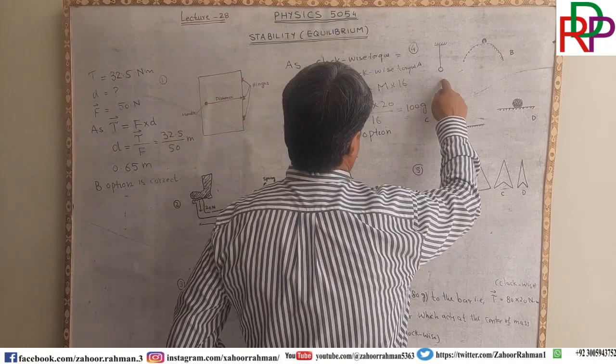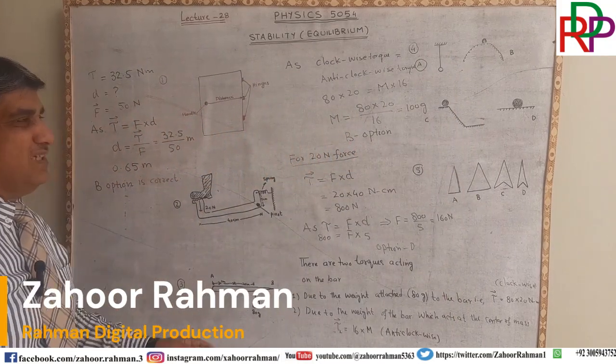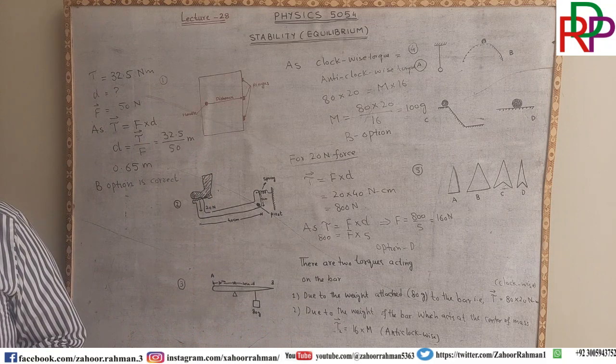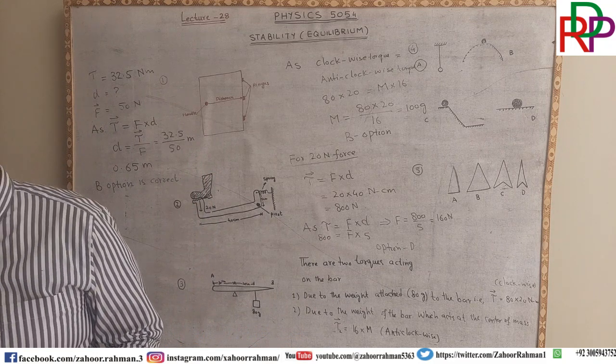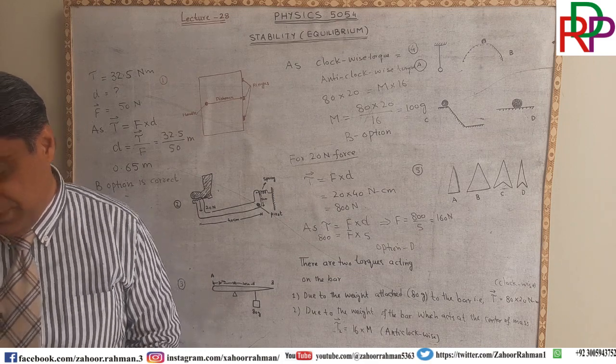So in this case the A option is the correct one. All other are not stable equilibrium. They are asking which of the following diagram shows a sphere in stable equilibrium.